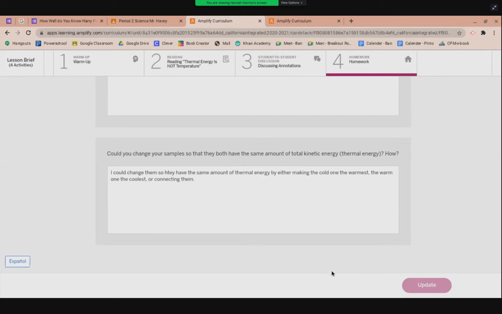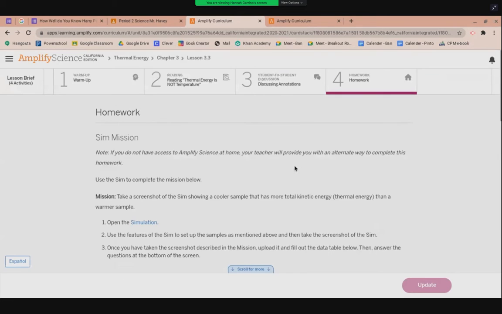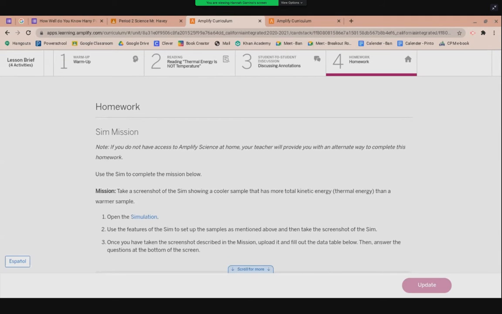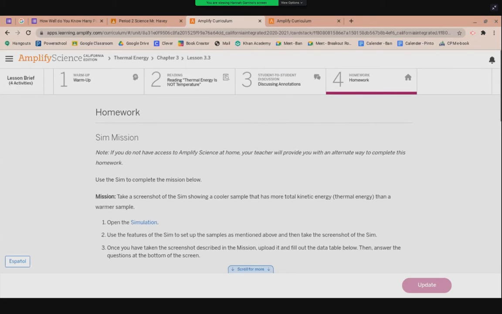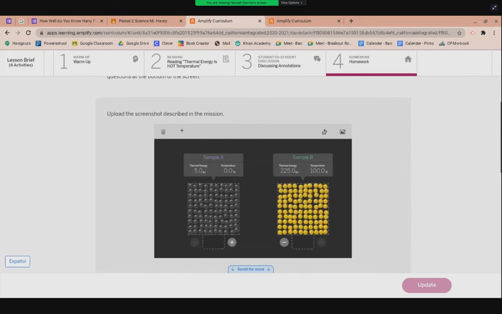Okay. Can you go up to the directions, please? Just to refresh our memories. Okay, so what you were asked to do was to open the sim and create a cooler sample that has more thermal energy. Were you able to complete that? Your cooler sample to show more thermal energy?